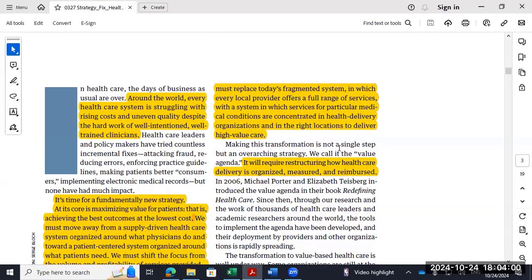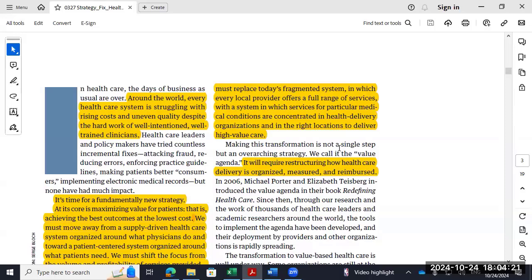It's a fragmented system. That's another thing he wants to talk about. More integration, which is probably one of his boldest recommendations. So he doesn't like that you can get services all over the place, fragmented, a lot of local providers providing full ranges of services.